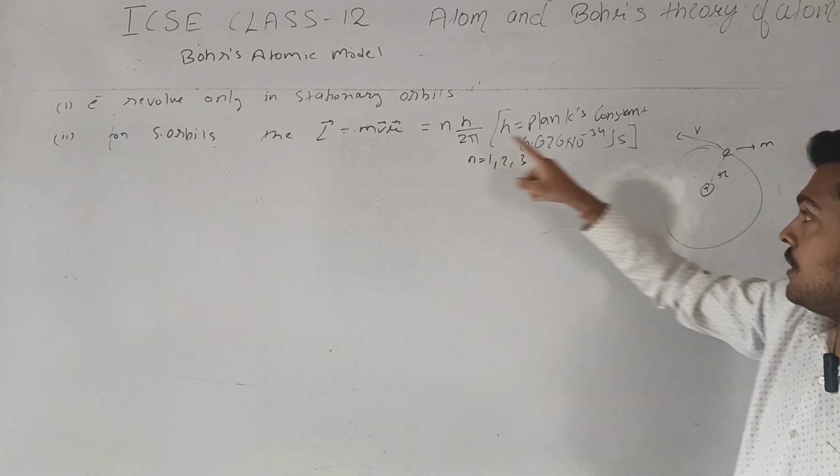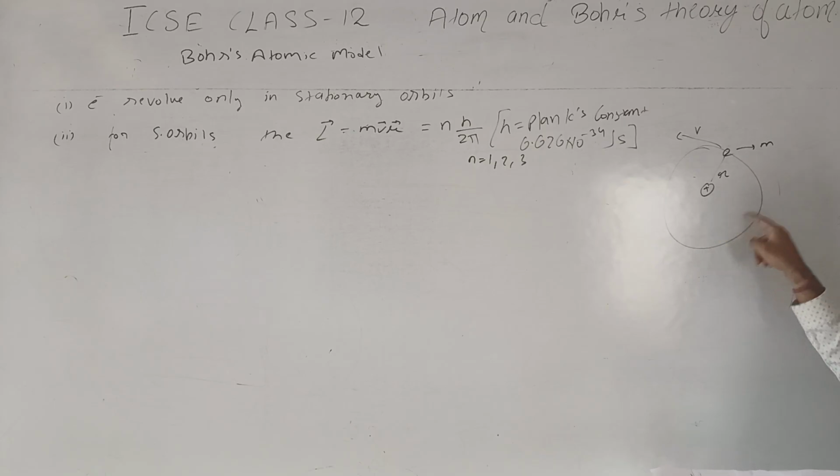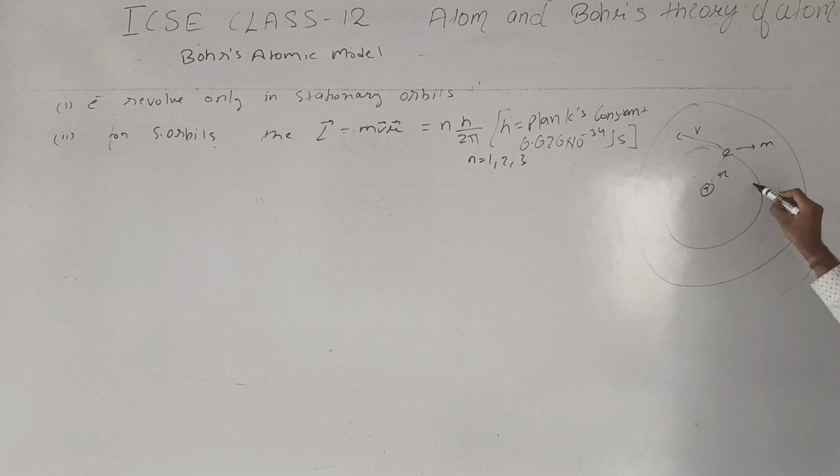So the angular momentum of the electron revolving in an orbit must be an integral multiple of h by 2 pi, where h is Planck's constant. Suppose this is the first orbit and this is the second allowed orbit. If the electron is revolving in the first, its angular momentum is h upon 2 pi, and in the second, it is 2 times h upon 2 pi.